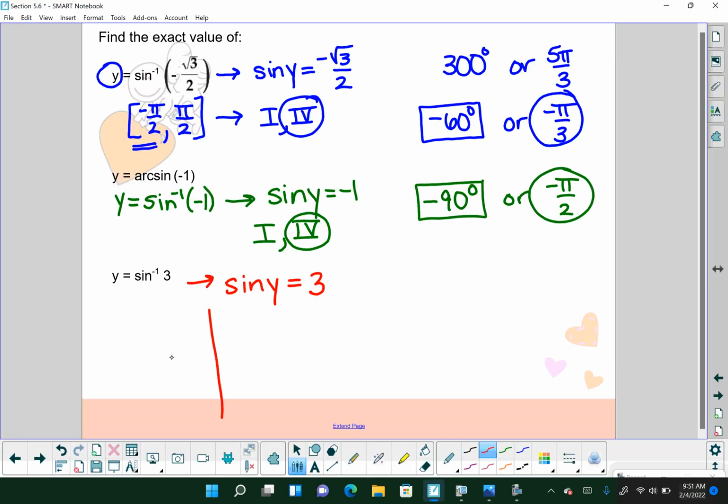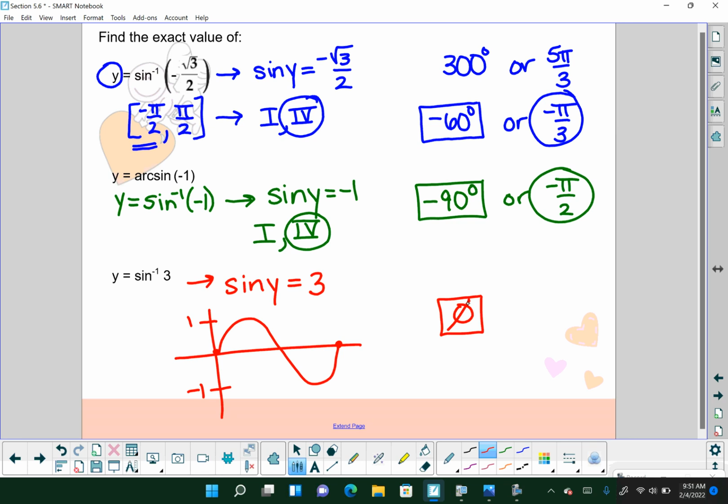It starts at 0, goes up to 1, 0, negative 1, back to 0. The highest a sine function reaches is 1, and the lowest it reaches is negative 1. So my sine function is never going to get up to 3. There's no angle that will give me that value, so my answer here is no solution.